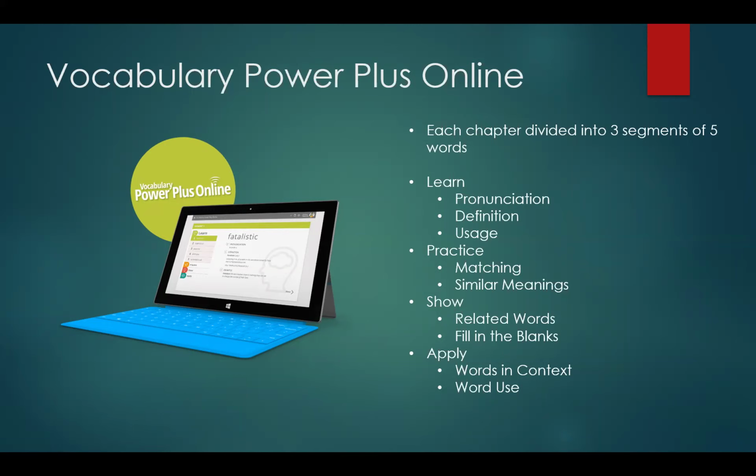So what we'll do next is dive into the program, but you'll see we have a series of activities of increasing rigor from Learn, where your students are just introduced to the words. They get the chance to learn the definitions. That's the chance for them to kind of encounter these words for the first time. Through practice activities, where they have kind of lower stakes, easier activities, working with kind of matching definitions, building connections with their word webs, and all the way up through more advanced activities such as apply and using and word use activities.